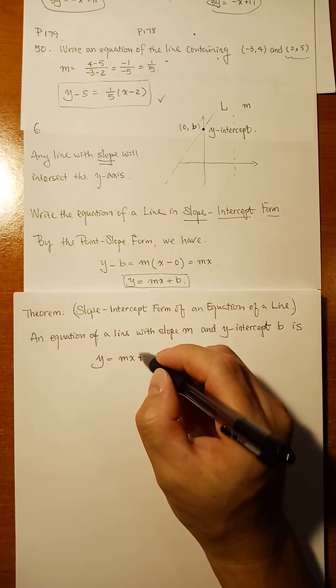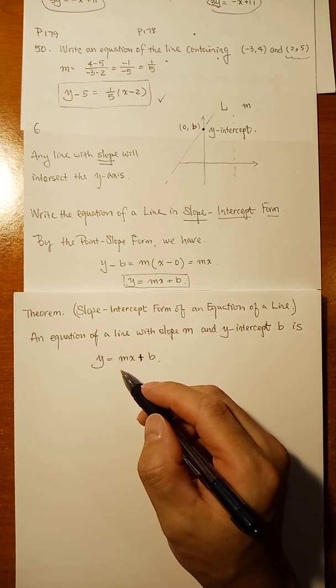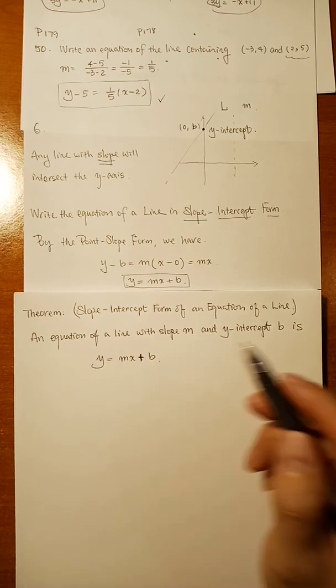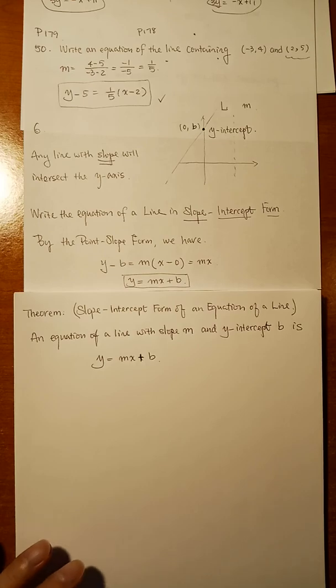Just very straightforward. m is a slope. It is a coefficient of x. b, the constant term, is the y-intercept.